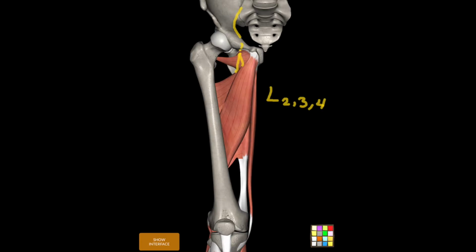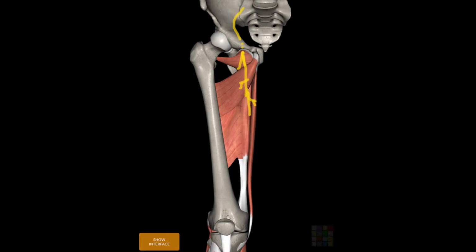To see the courses of those branches, we'll just remove adductor longus here, because the branches split either side of adductor brevis. The anterior branch continues anterior to adductor brevis, supplies it, and also supplies the gracilis muscle, and then has a cutaneous branch which supplies a small area of skin of the medial thigh. This branch also supplies adductor longus, which isn't here.